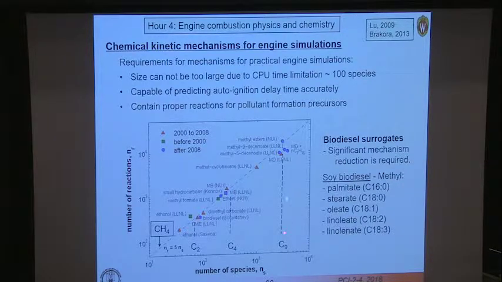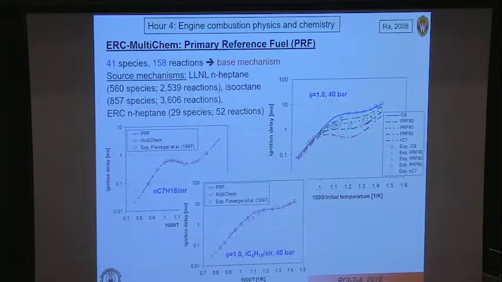I mean, here we're only up to C9. We want fuels that have C20 and higher. And so the number of species has just become inordinately large to be able to implement a detailed reaction scheme in a CFD calculation. So that's led to the idea of mechanism reduction.